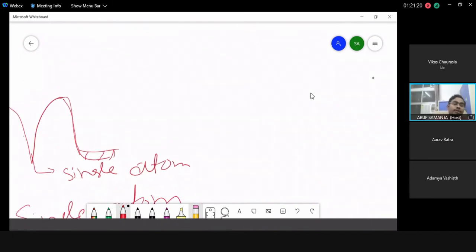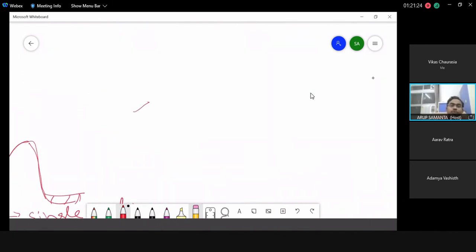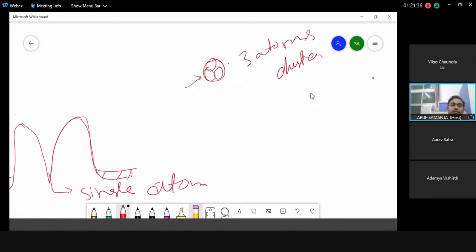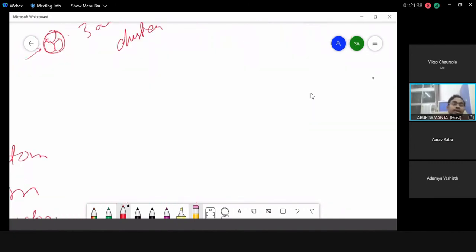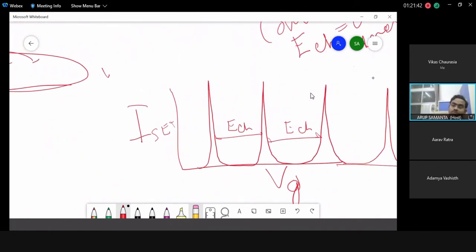For atomic groups, single atom or few atom groups, I created a three atom cluster which can operate at higher temperature. If you increase the temperature, what will it look like? This is at 1 Kelvin.